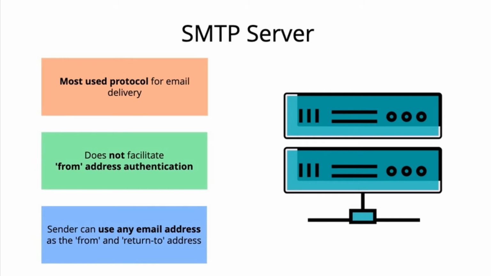Now, getting your email in the from address or the return to address will affect your organization's reputation, which might cause the legitimate emails you send to end up in the spam folder.